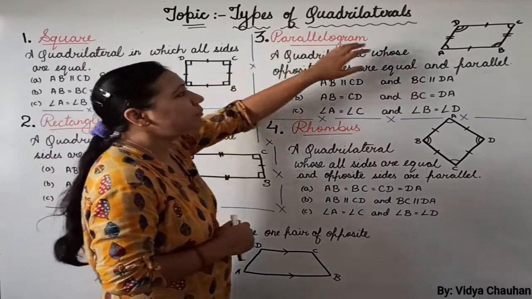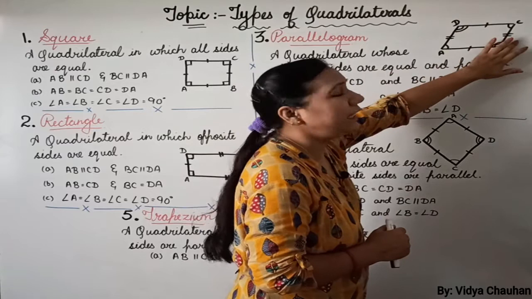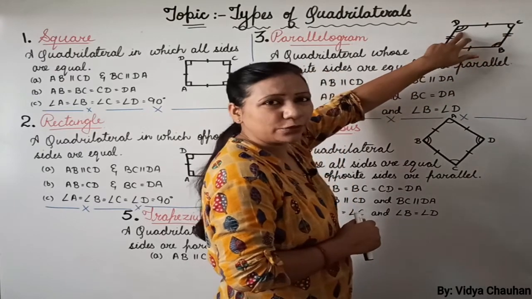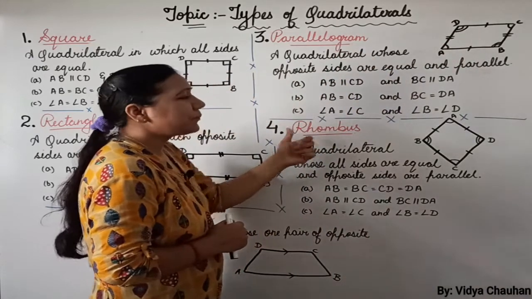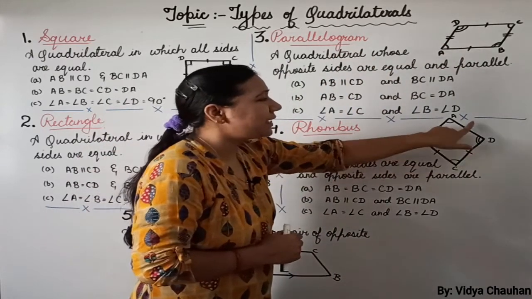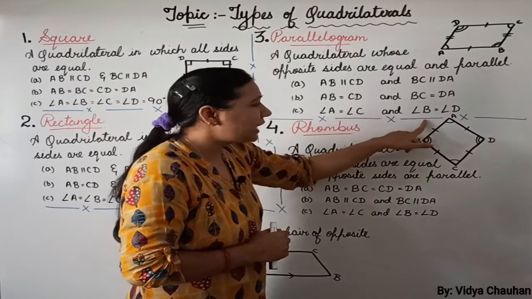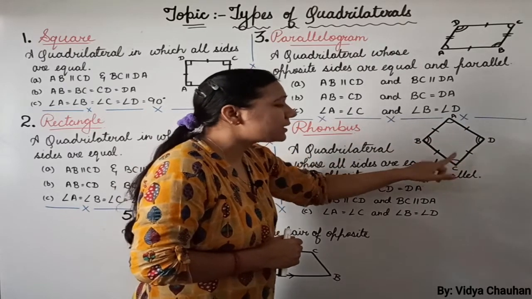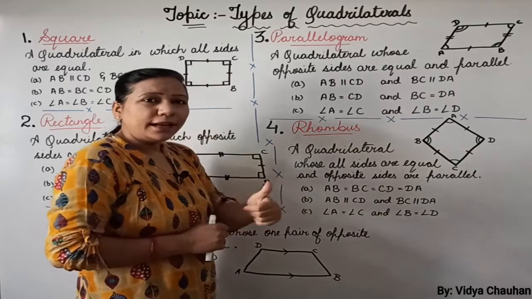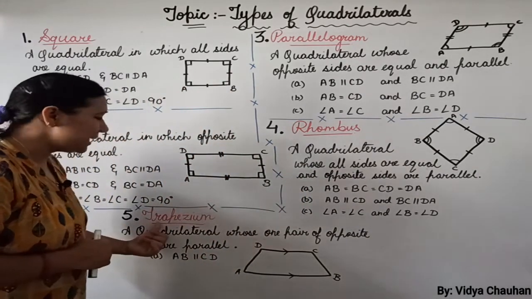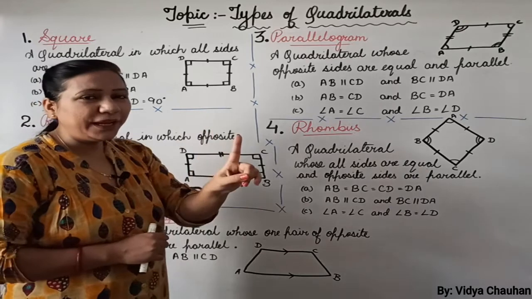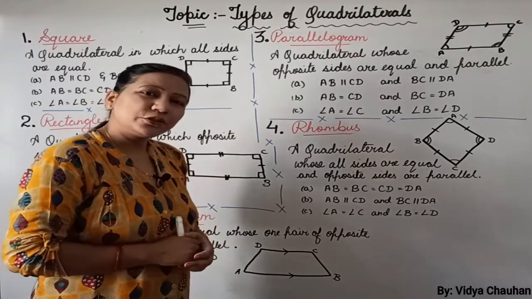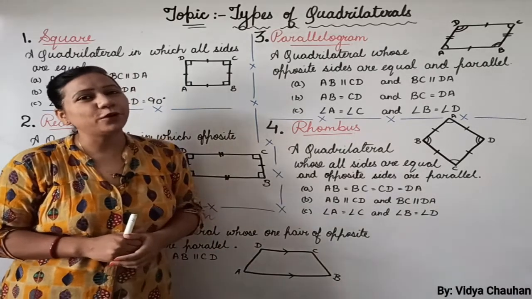A parallelogram, in which opposite sides are equal and parallel but opposite angles are equal to each other. Rhombus, in which all four sides are equal, at the same time the opposite sides are parallel and the opposite angles are also equal. Last but not the least, our trapezium, in which only one pair of opposite sides is parallel. So this is all about the different types of quadrilateral.